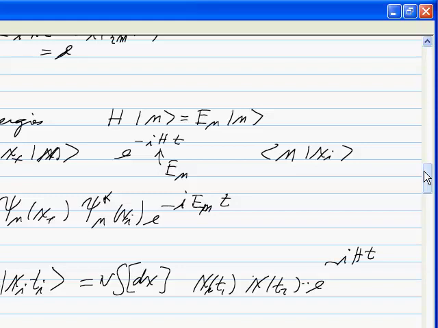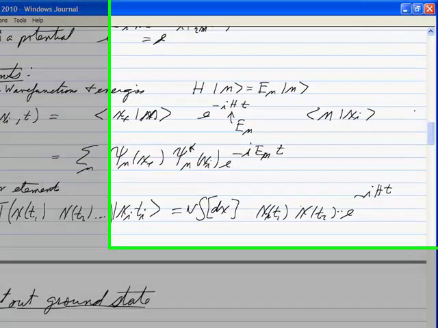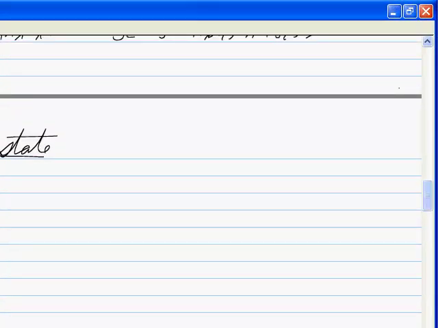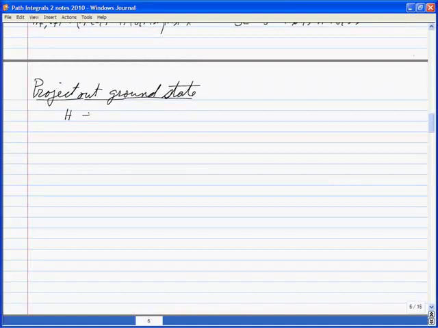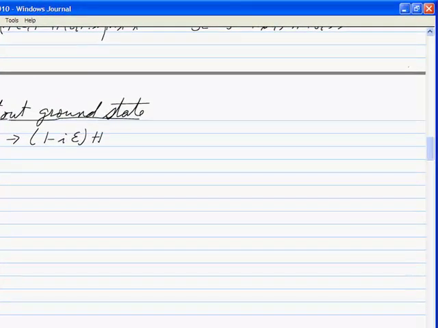What I'm going to do is let the energy pick up a small imaginary component, and then take t goes to infinity, and then the only term that survives, if it has a small imaginary component, is the one with the smallest n, which is the ground state. So the typical trick, if you want to get ground state matrix elements, is you let the Hamiltonian turn to (1 minus i epsilon) times the Hamiltonian. You take t_f minus t_i, call that tau, and that's taken towards infinity.